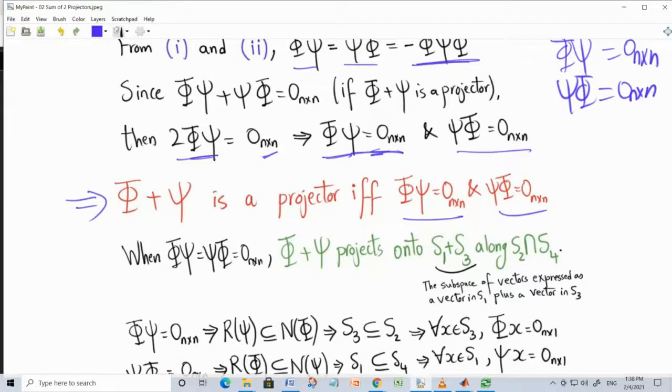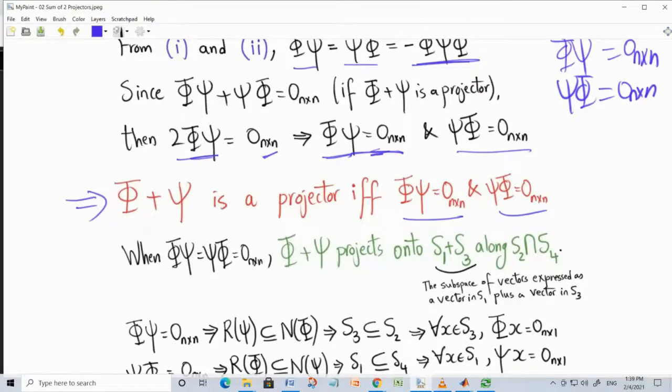Phi plus psi is a projector if and only if phi psi and psi phi both are equal to the all zero matrix. If this is true, then phi plus psi is a projector, and vice versa. This is by examining whether phi plus psi squared is equal to phi plus psi.